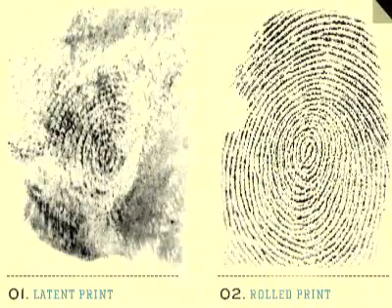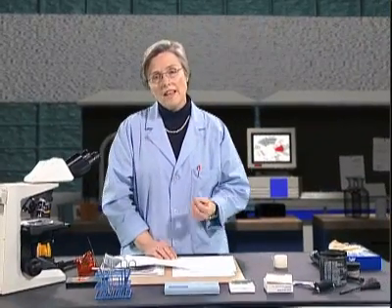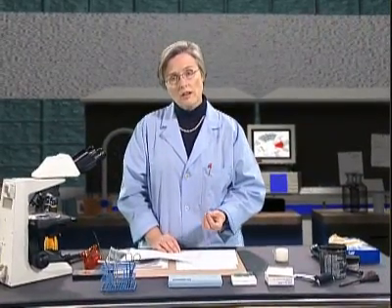The process of comparison of these minutiae is a very painstaking process where you have an unknown lifted latent fingerprint that is painstakingly compared side by side to a known or an inked fingerprint. This process of identifying minutiae allows for what we call the ident of the fingerprint.